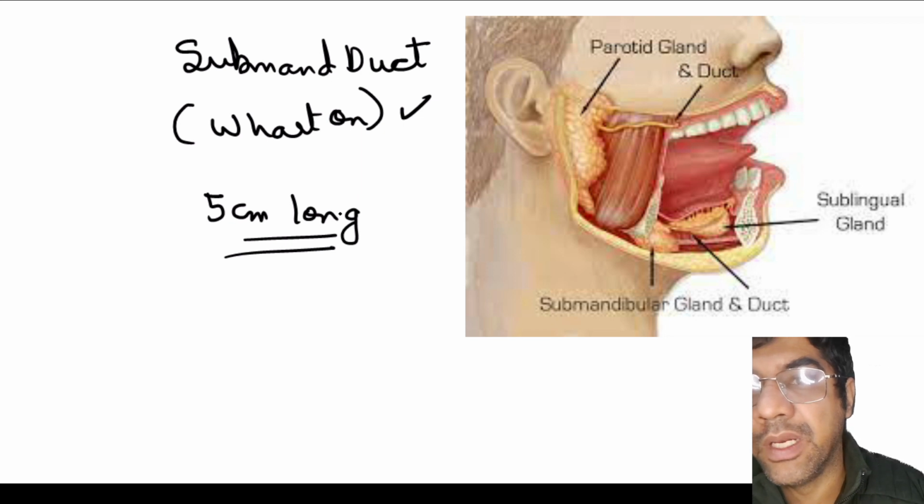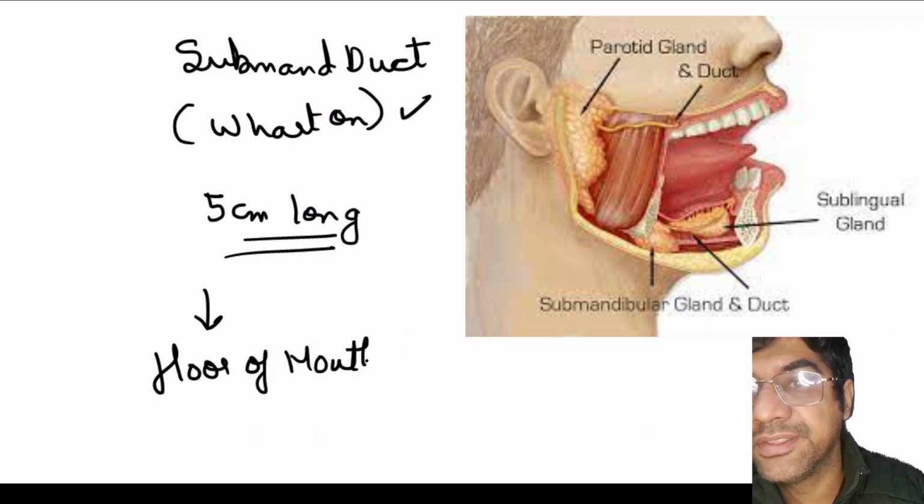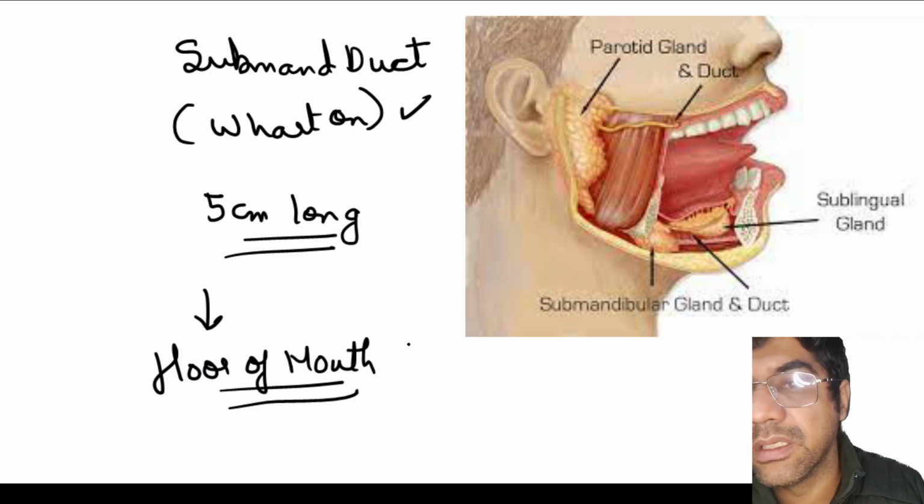It crosses the lingual nerve at the front border of the hyoglossus, and it opens. Remember, where does it open? It specifically opens on the floor of mouth at the summit of the sublingual papilla at the side of the frenulum of the tongue.